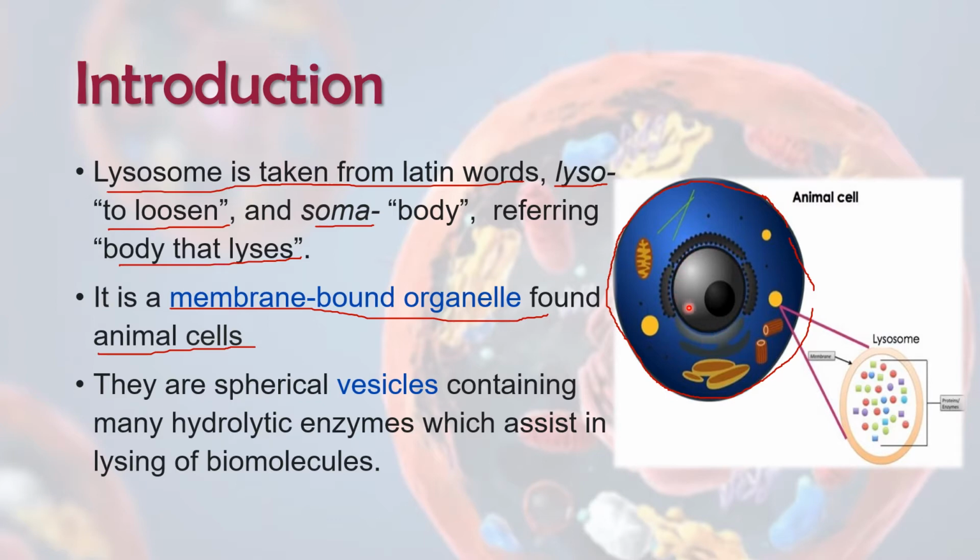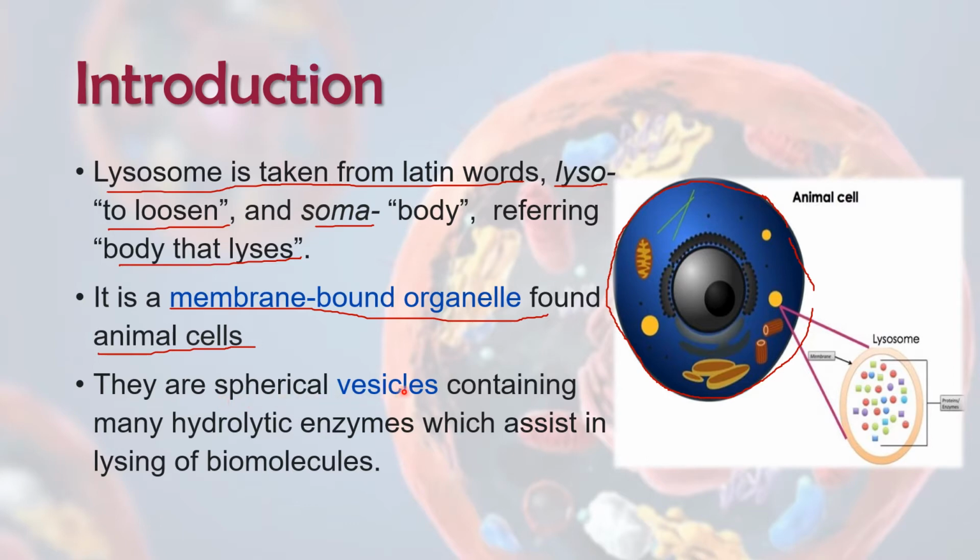This is the nucleus, the endoplasmic reticulum, rough endoplasmic reticulum, smooth endoplasmic reticulum, Golgi apparatus, centrioles, and these bodies that are yellow in color are lysosomes. So these yellow colored spherical bodies are known as lysosomes.